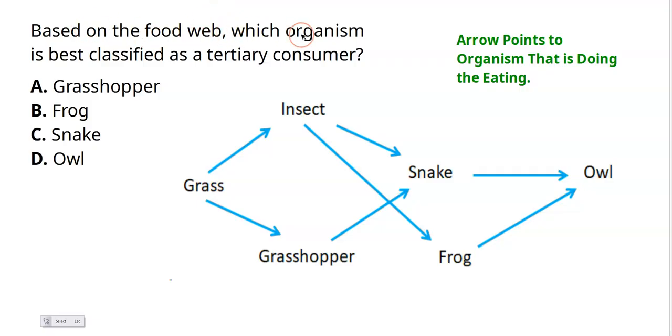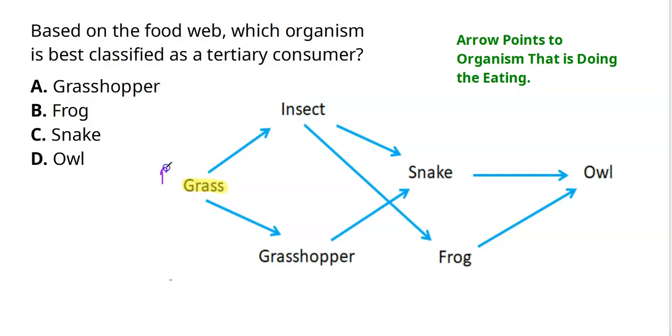Based on the food web, which organism is best classified as a tertiary consumer. You can go back to the notes on the first slide, and this is the same food web we've been using. So we've already identified the producer. Again, no arrows are pointing to the producer, and it can produce its own energy through photosynthesis.